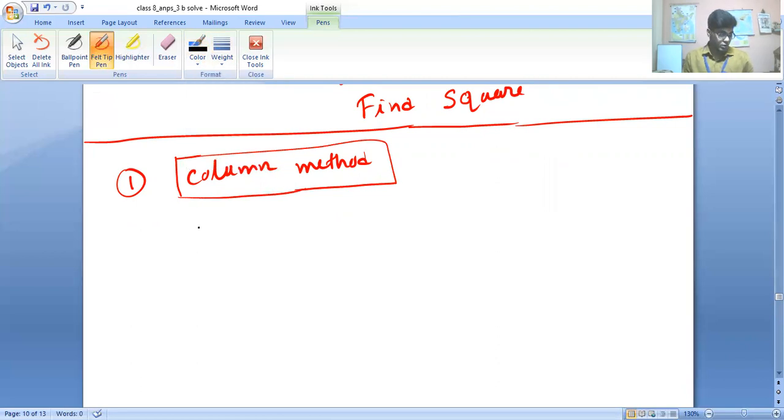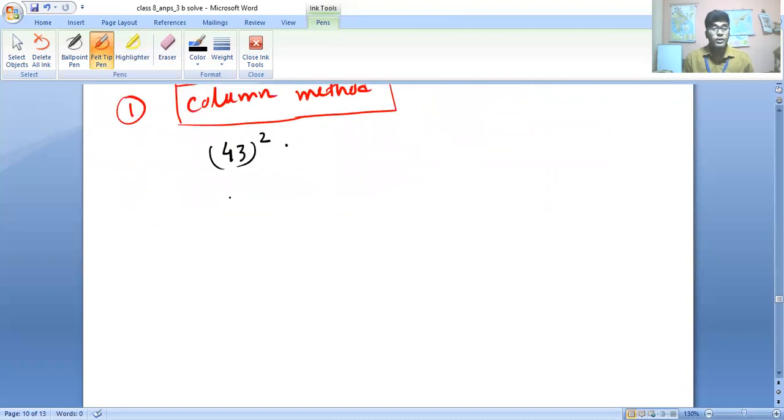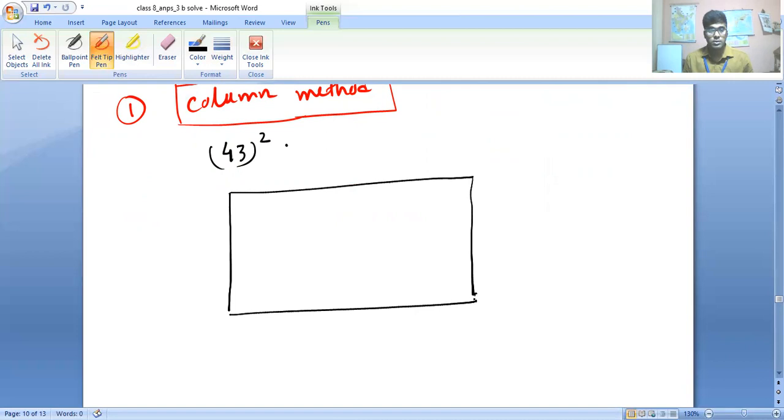Okay. Suppose we are doing 43. We are trying to find 43 whole square. So how will we do it? First, we will make a table like this.